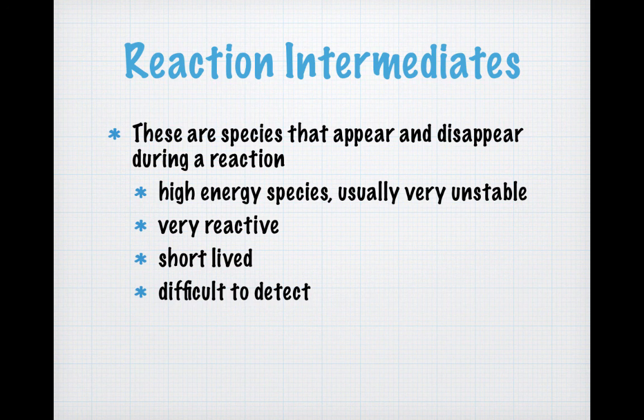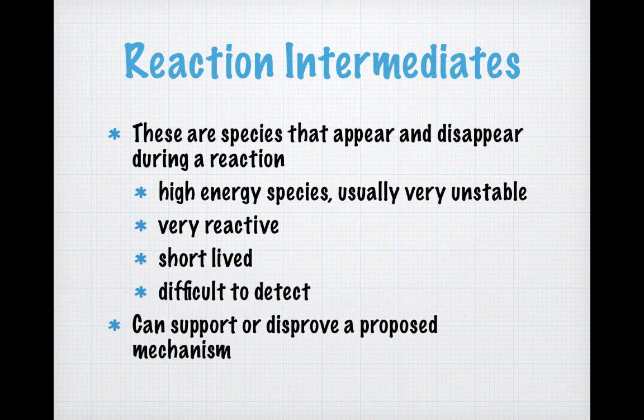If you find a reaction intermediate that supports a mechanism, that's really good. Just because you didn't find it doesn't mean that your mechanism is wrong. It just may mean that you can't detect those reaction intermediates. So a little bit of a double-edged sword there. But they can support or disprove a proposed mechanism.